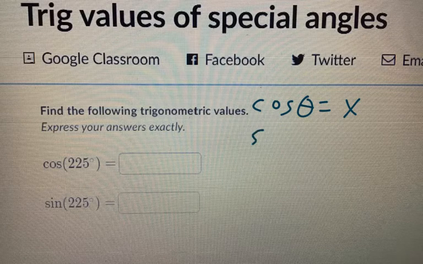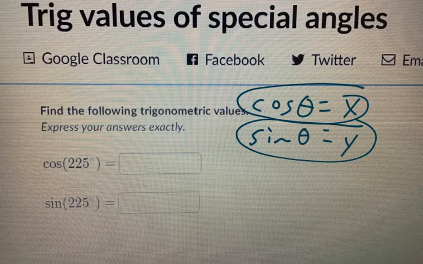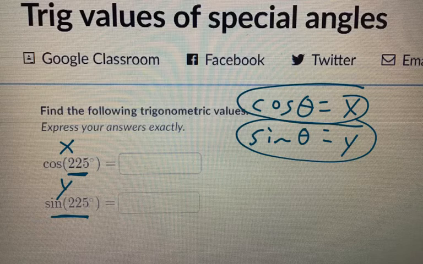And whenever they want sine or give us sine of an angle, that's your y. So x is cosine, y is sine. It's that simple. So let's say they ask you cosine of 225. We're going to be looking for the x for that. When they ask for the sine of 225, sine is y. We're looking for the y of that.